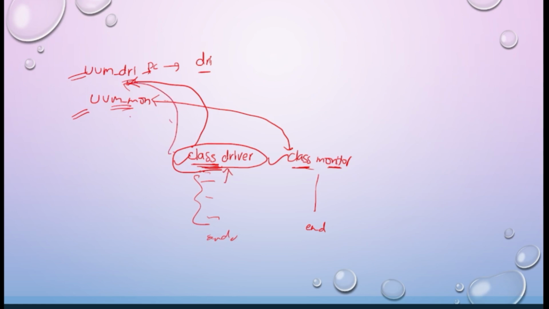So now what advantages do we get by deriving all this from UVM driver and UVM monitor and all? These UVM driver and UVM monitor are the parent classes which have some built-in functions. Okay, so whenever the driver class is derived from UVM driver, what can this driver class do?